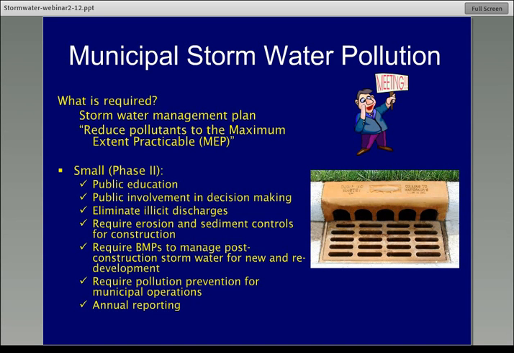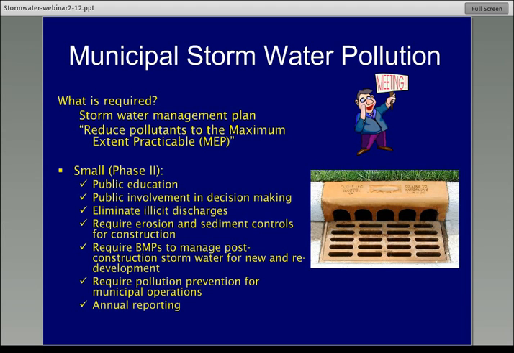While they are required to look at ways to set up the program so that it is strong, the program for construction, for example, or for post-construction, a lot of the time that requires some viewing after a storm and making sure that the best management practices are still in place.